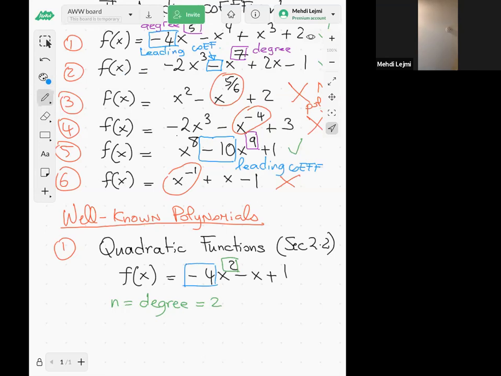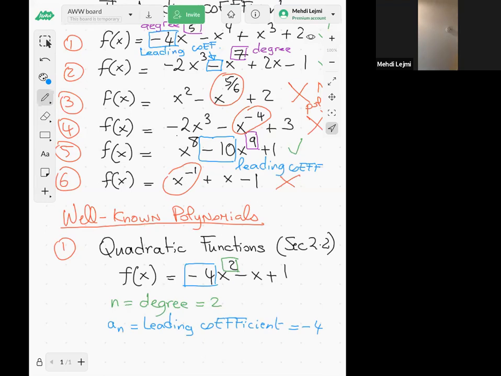So my leading coefficient, a subscript n, is -4. Anyway, quadratic functions are examples of polynomials with degree equal to 2.